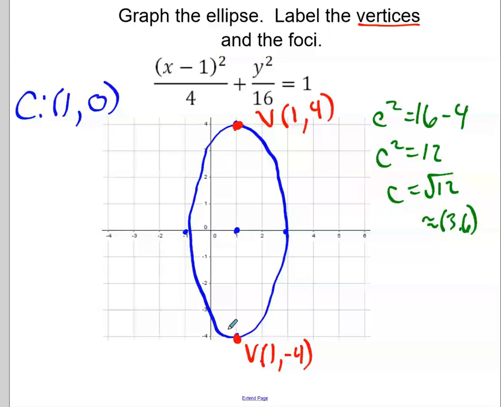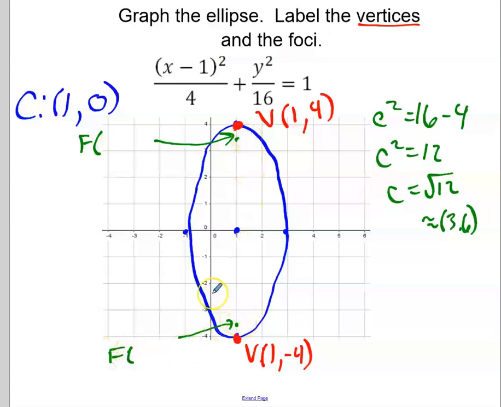But all right, so from the center, because my ellipse is vertical, the major axis is vertical, this time I'm going to go from the center up 3.6-ish and down 3.6-ish. Now to label this focal point, both times I went from the center, but this time I didn't change my x value at all.